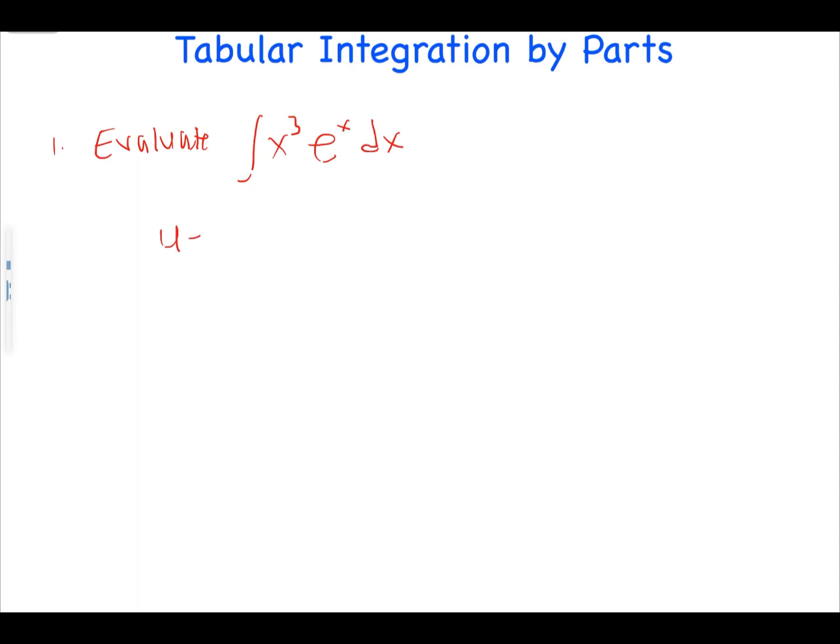Using our previous knowledge in integration by parts, we can say that our u equals x power 3 and our dv equals exponent x dx. As I said, later on I'll bring you some techniques on how to choose your u and your dv when you encounter some function combinations.